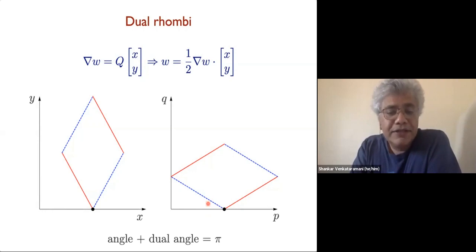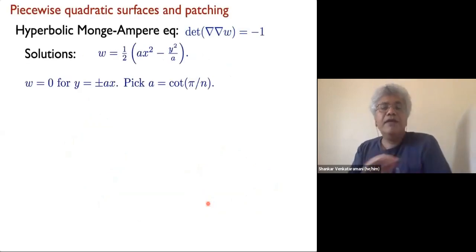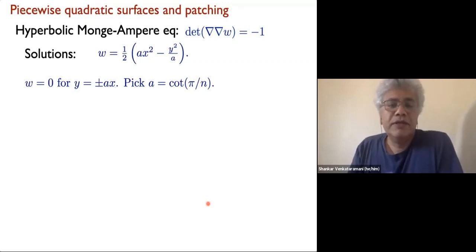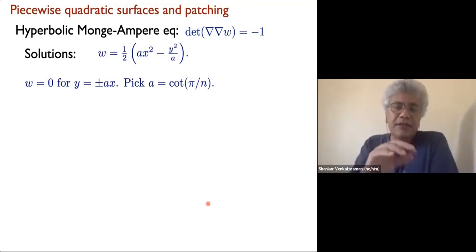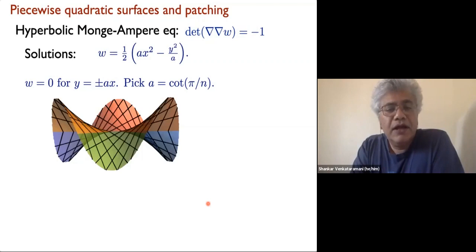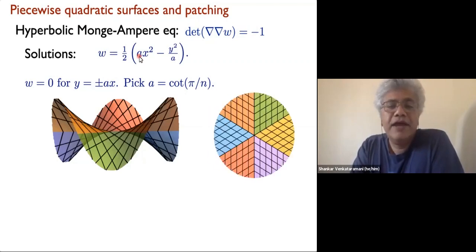But, and here's the but, we have other, if you want, weak solutions to this problem. And this is based on this idea that these quadratic surfaces project down to give you these rhombi. So, you can take a quadratic saddle where you pick this number A so that the angle between these two lines is such that pi is a multiple of this angle.